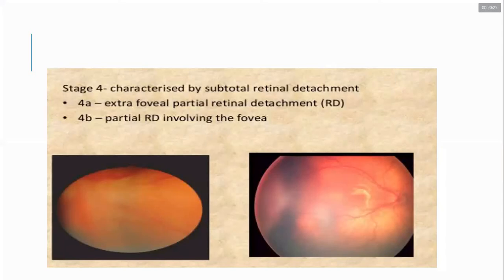Stage 4 is characterized by subtotal retinal detachment, that is 4A is extrafoveal partial retinal detachment, and stage 4B is partial retinal detachment involving the fovea. So this is partial, and this is partial but involving the fovea.